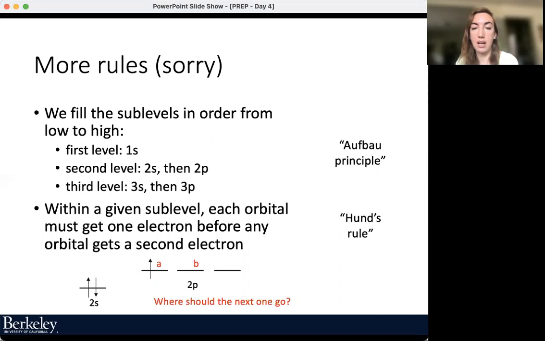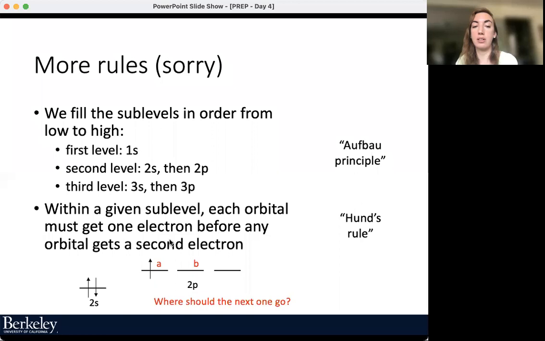Okay, we actually have about a 60-40 split, where about 60% of you said B and 40% of you said A. I think this will become clearer with more examples, but we have a 2p sublevel with 3 different p orbitals. Within a given sublevel, each orbital needs to get 1 electron before any orbital gets a second electron.